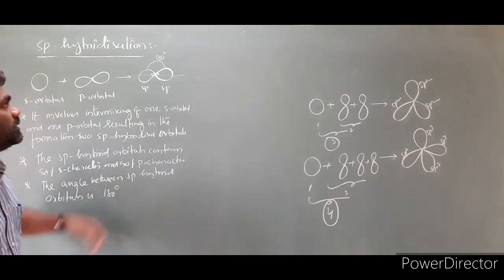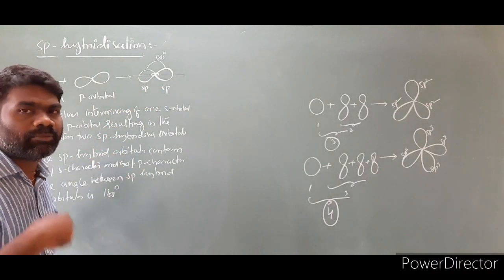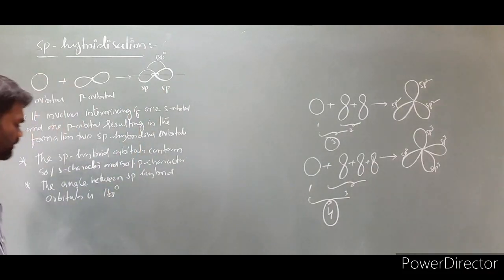And another point is the molecules with sp hybridization have a linear shape. Any molecule with sp hybridization has a linear shape. Write the same sentence.